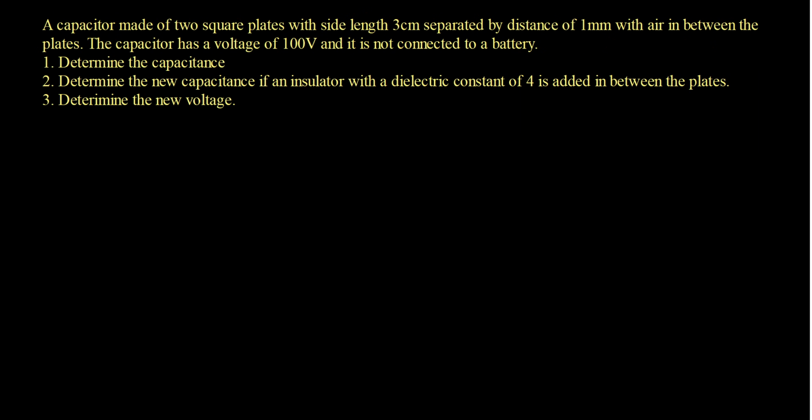So we know the dielectric material will be air, so the kappa will be considered as 1. The capacitor has a voltage of 100 volt and it is not connected to a battery. So we can say, all right, this is my two plates and they are squared. That's the other plate here.